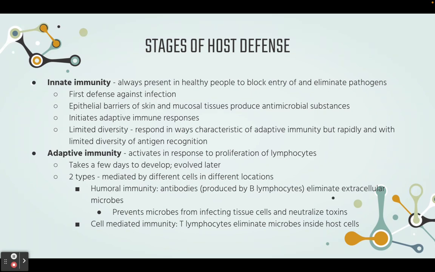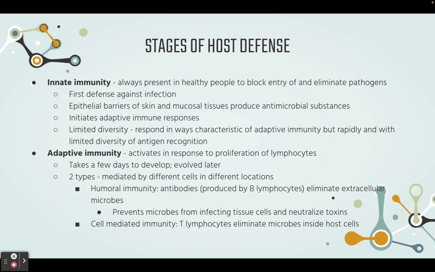The one kind of drawback is that since it's so generalized throughout your body, there's a limited diversity. So it responds in ways that are also characteristic of adaptive immunity, but much more rapidly and with limited diversity of antigen recognition.